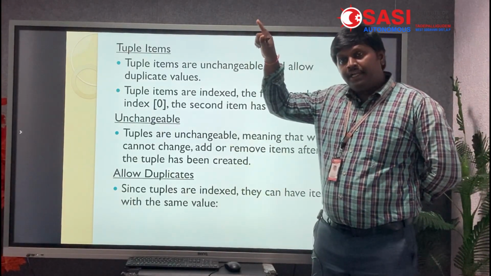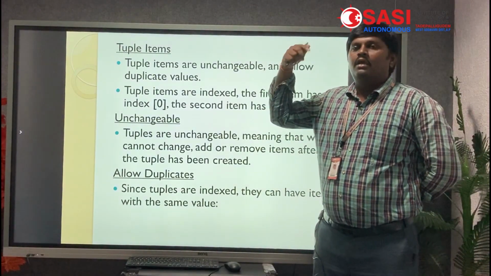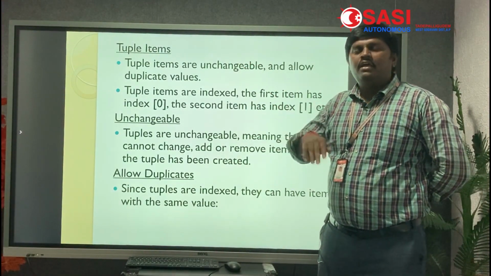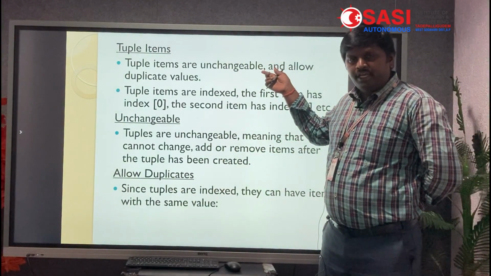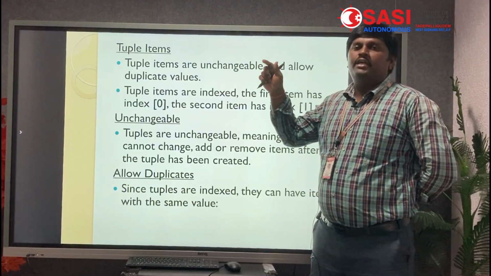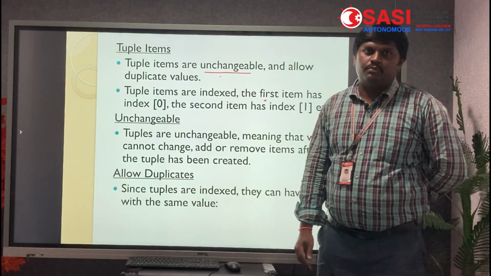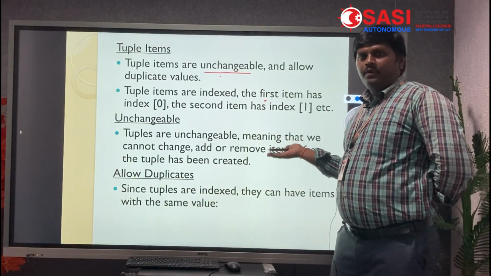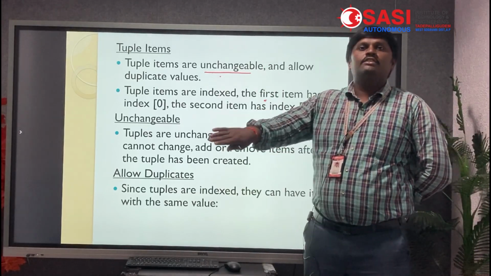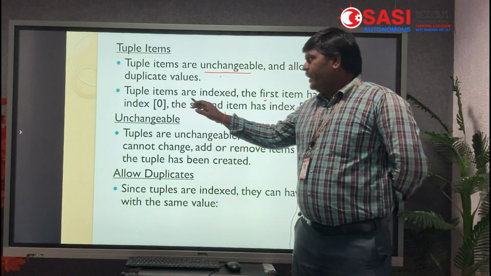List items are changeable; using index values you can change the list items. But tuple items are not changeable, and they allow duplicate values. A list also allows duplicate values. Tuple items are indexed.